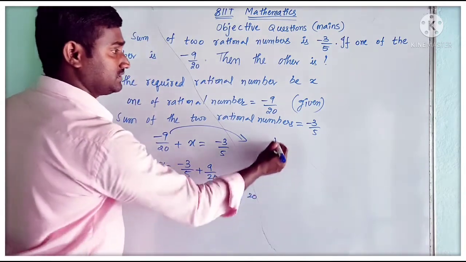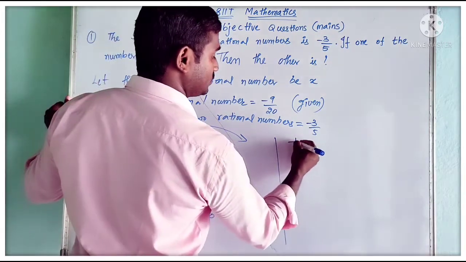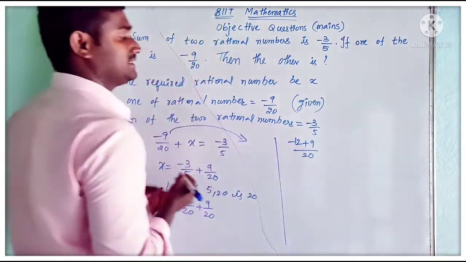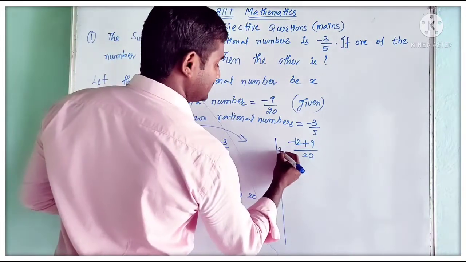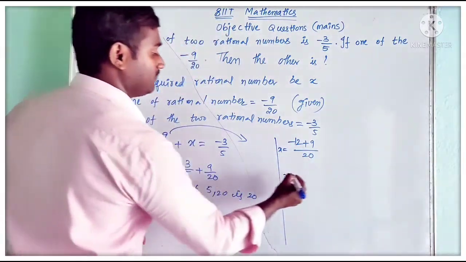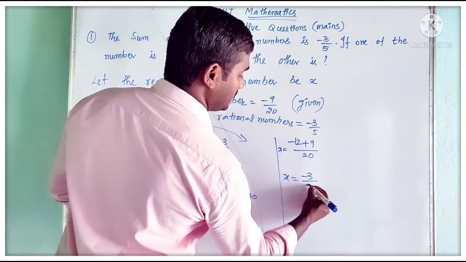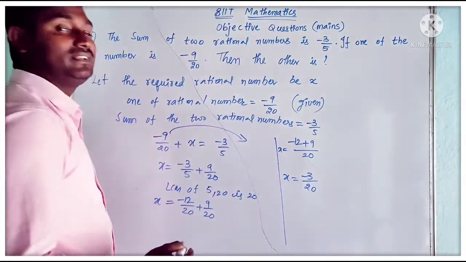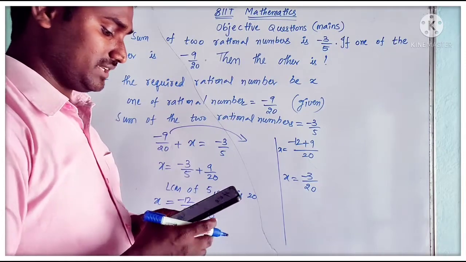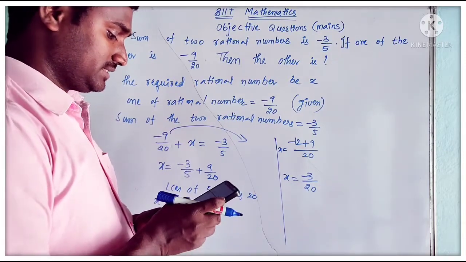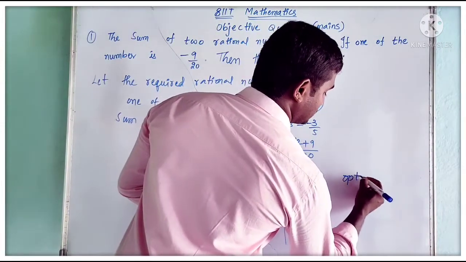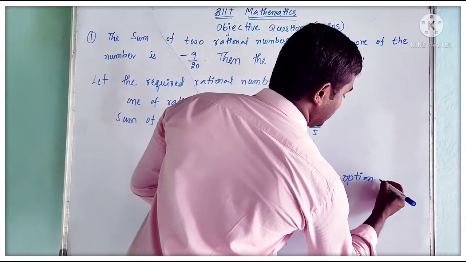So we can write minus 12 plus 9 by 20, which is minus 3 by 20. So minus 3 by 20 is the required answer. What is the correct answer we have? In this, option 2 is the correct one. Option 2 is correct.